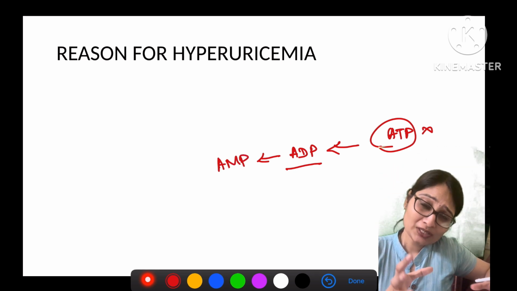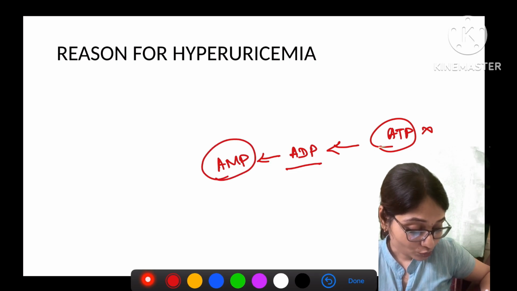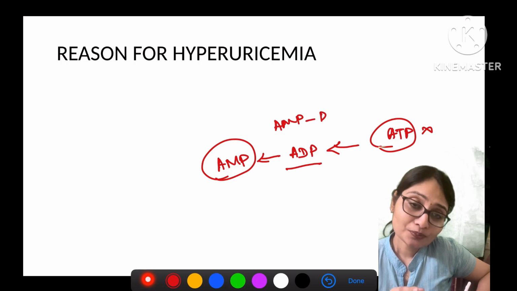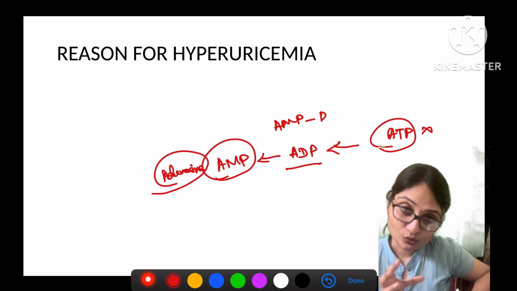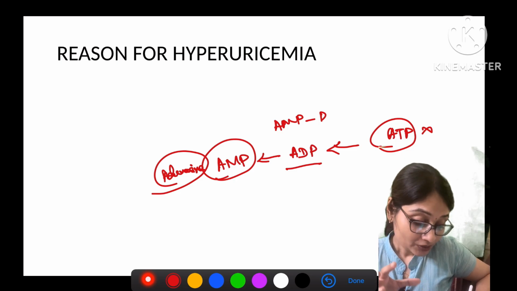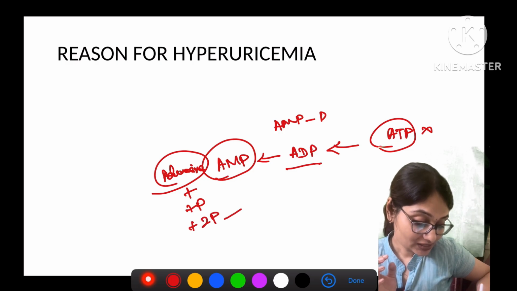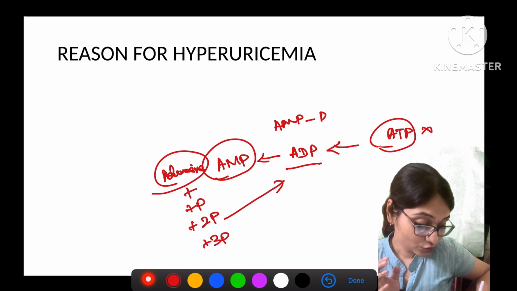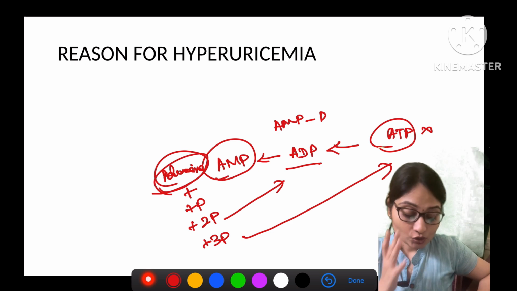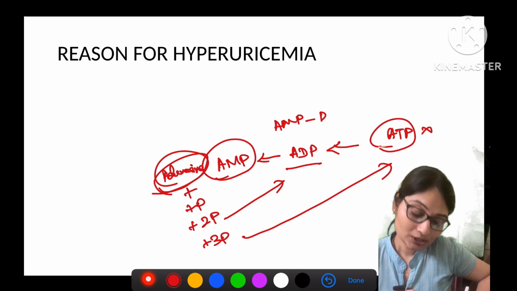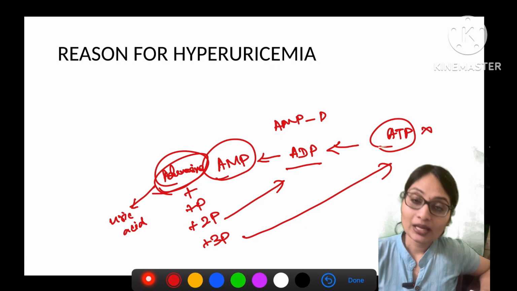Much of the phosphate is sequestered in the form of fructose 1-phosphate. So what is adenosine monophosphate minus a phosphate group? It is adenosine, the parent. Add one phosphate, it is AMP; two phosphates, ADP; three phosphate groups, ATP. This adenosine is a purine, and purine on degradation gives uric acid, and hence the patient has hyperuricemia.